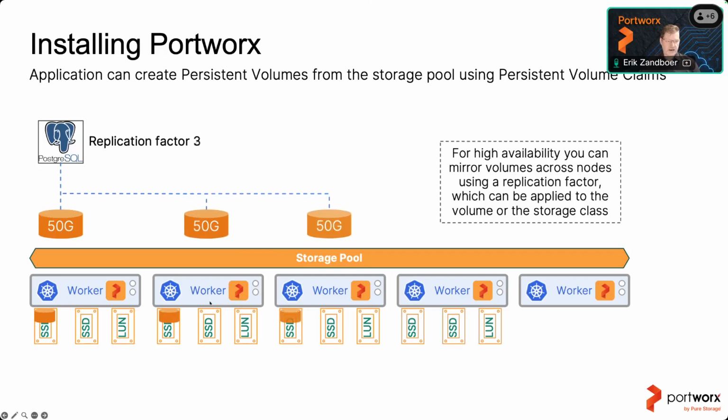You can even specify REPL3, which will give you 3 copies. So yes, this will take up 3 times the storage on SSD. By the way, if you were to do this on a LUN that is backed by FlashArray, it would dedupe that back. So the 3 copies would be exactly the same, and a FlashArray would be able to dedupe it back. Obviously, if you use local storage, there's no dedupe. So you store 3 copies in this case.